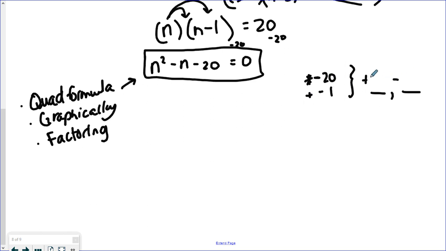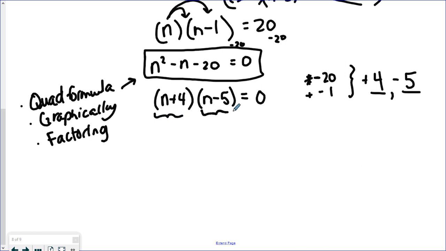So you'd go through all your factors of 20, and it's going to be negative 5 and positive 4. Maybe you box methoded something, that's cool too. So we can write this now as n plus 4, n minus 5 is equal to 0. Now we want to analyze what makes each of these factors equal to 0. So n equals negative 4 and n equals positive 5.